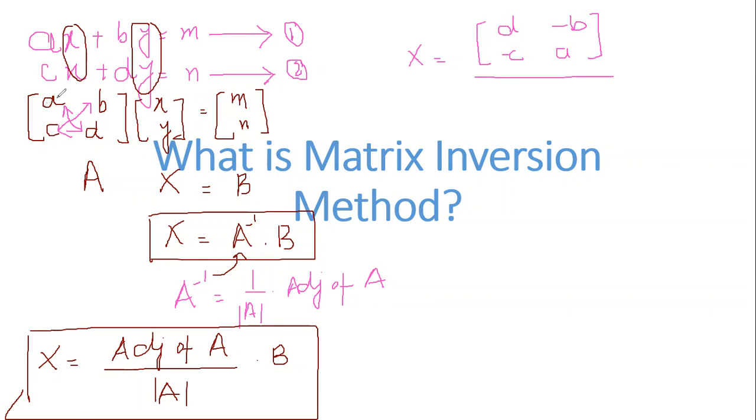So determinant is multiplying these, AD and BC with a negative sign. So this will be equal to AD minus BC.